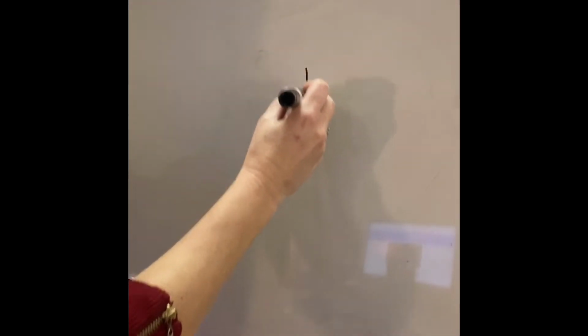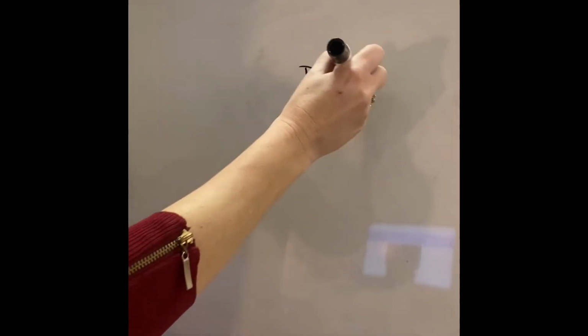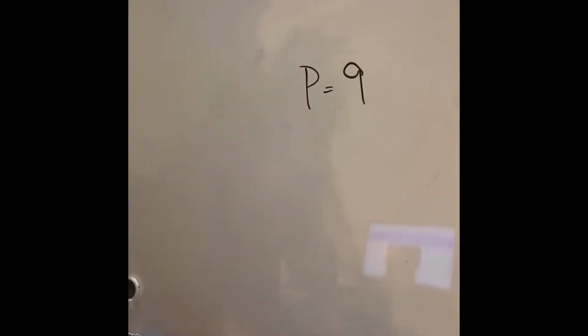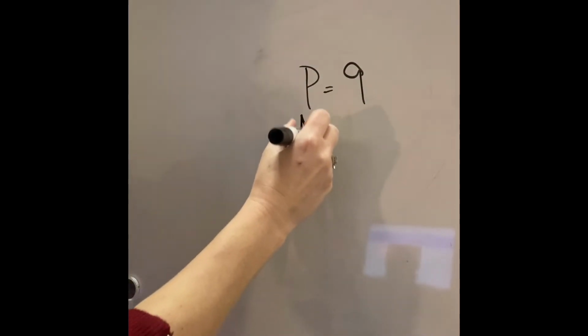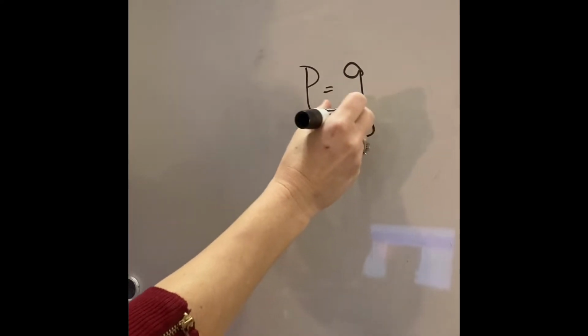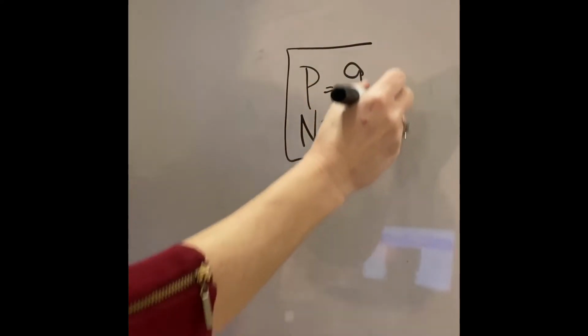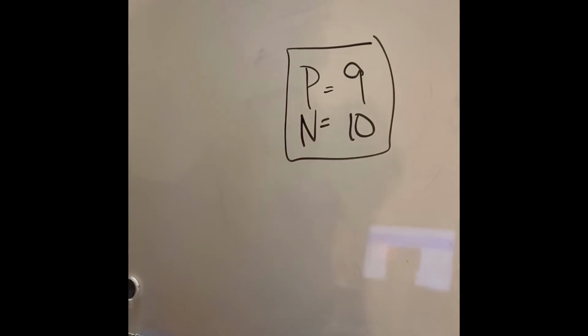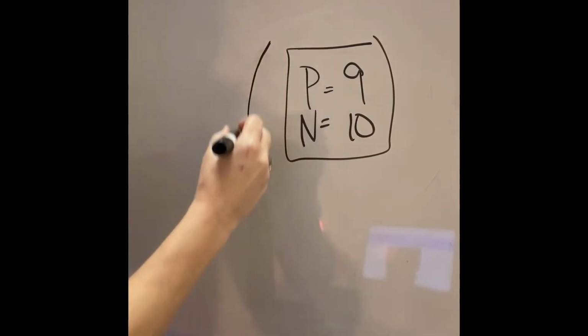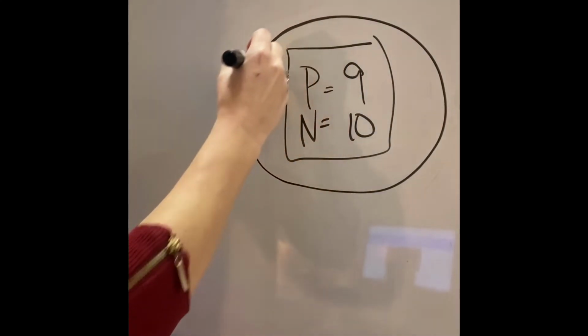So let's draw this atom out on the board. So we're going to say protons equals 9 because it has an atomic number of 9. Neutrons equals 10. This all falls in the nucleus. Now remember, protons have a positive charge, neutrons are neutral. Now our electrons are going to go on the shells.